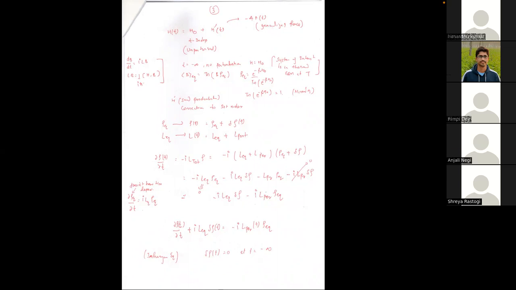This term is the change in the density operator, and rho equilibrium is when you do not have any perturbation. At that moment, that is defined as rho equilibrium.